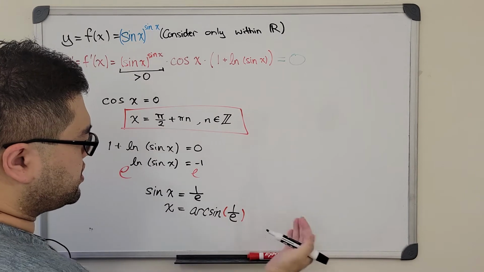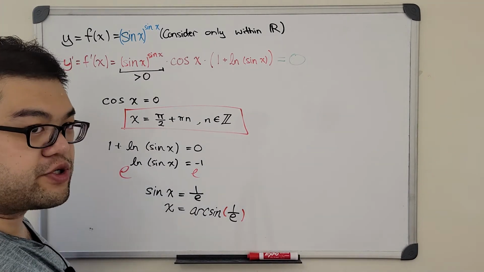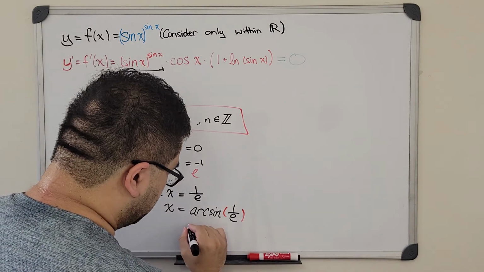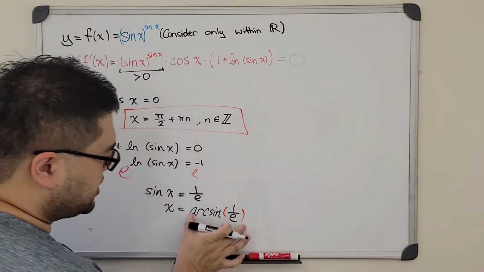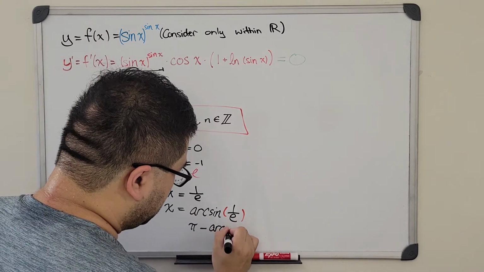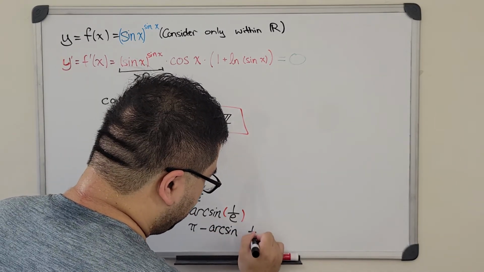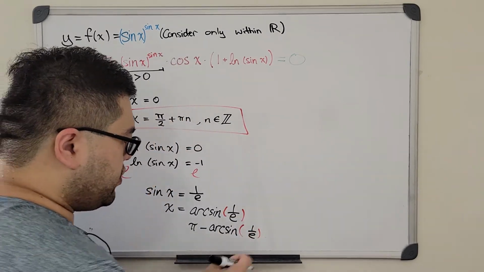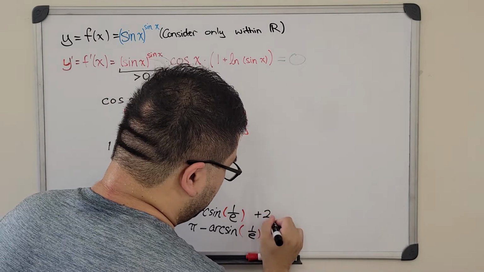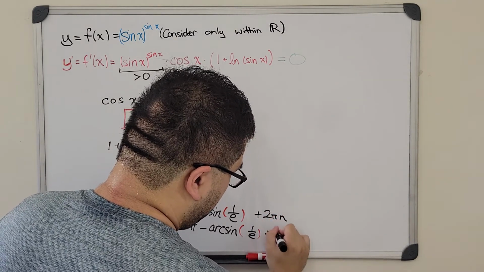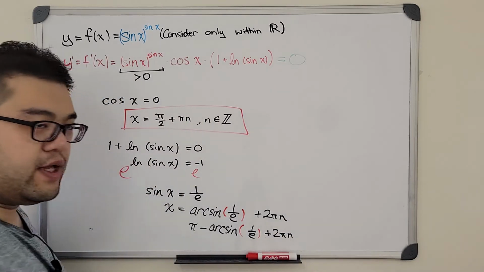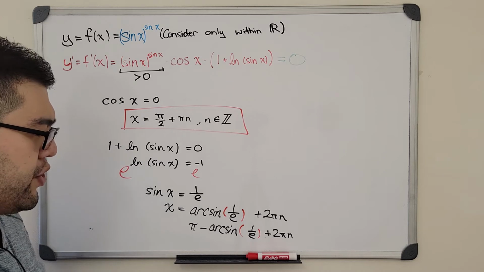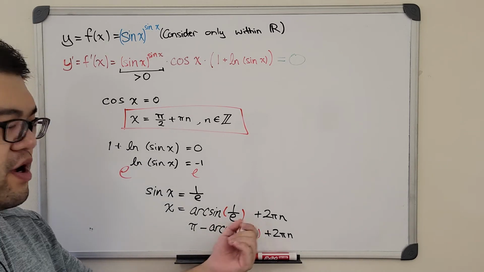Well, we can just use the trigonometric properties. That will actually give us the other option, which is pi minus this angle here, pi minus the sine inverse of 1 over e. And of course, after that, we have to add 2 pi n, because sine is a periodic function, so it has a period of 2 pi.